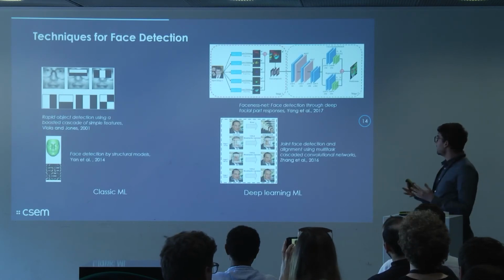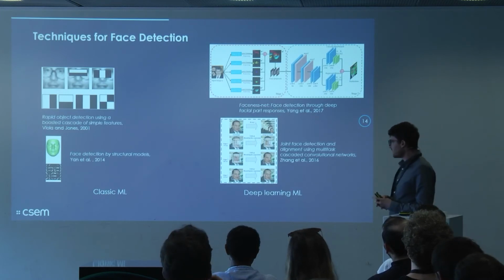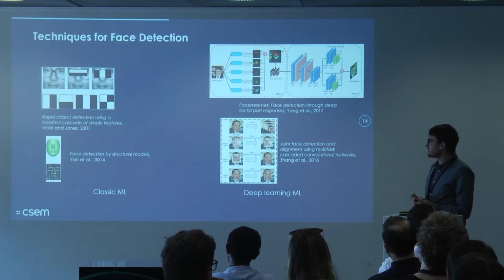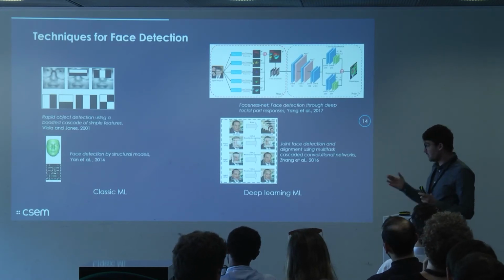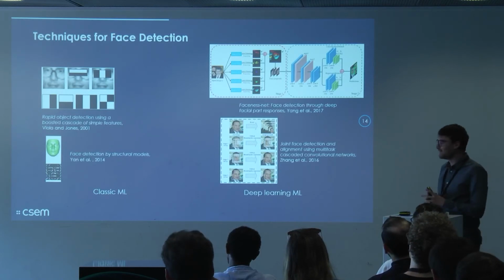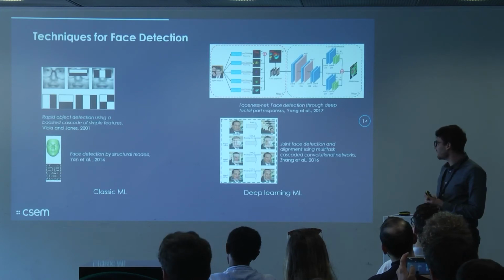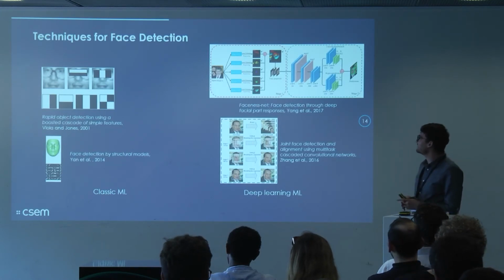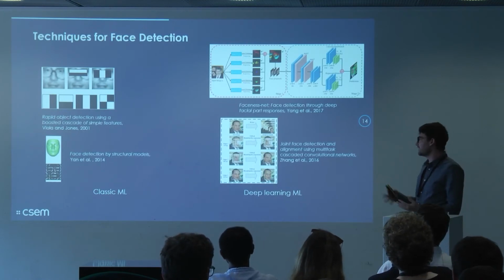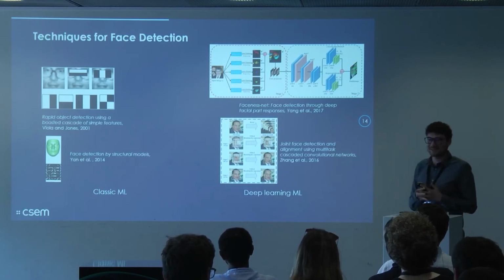If I now present the techniques for face detection, face detection is actually an old task in machine learning. It started way before 2001, but in 2001 there is, I would say, the ancestor, the old filter-based technique presented in the work of Viola and Jones, called the Haar features, and it's a bit what is happening today in deep learning.